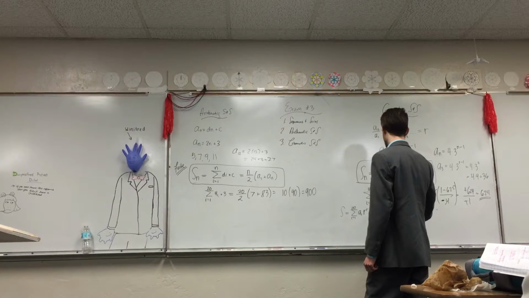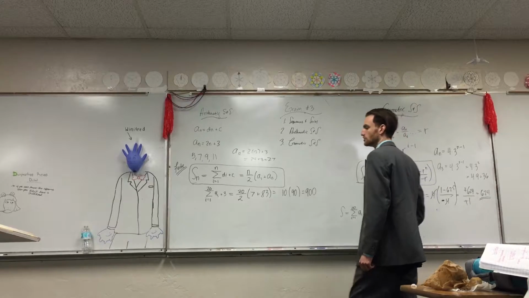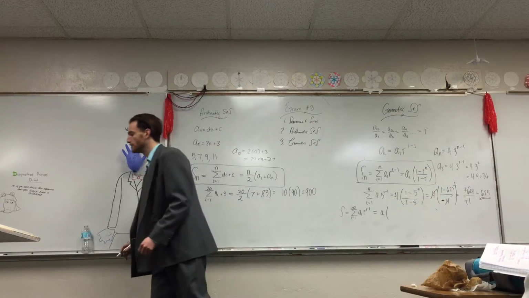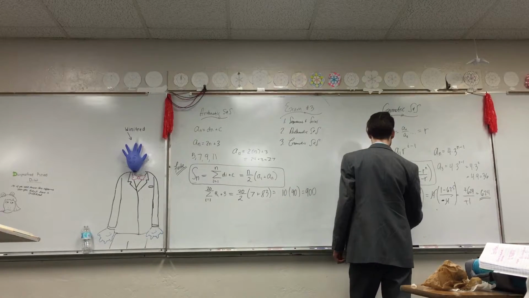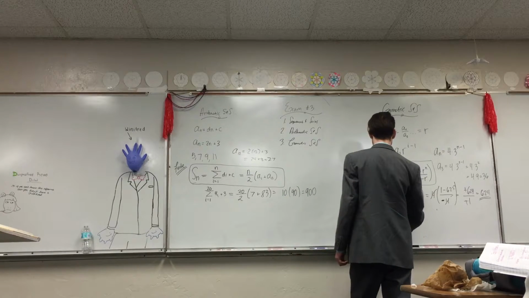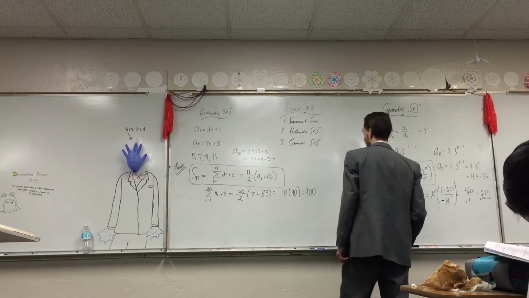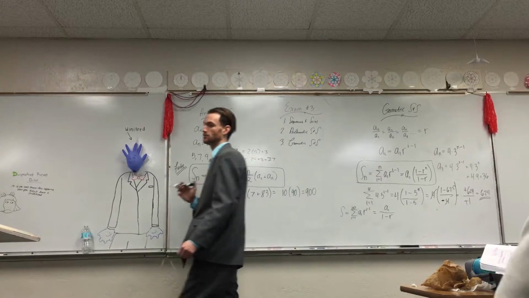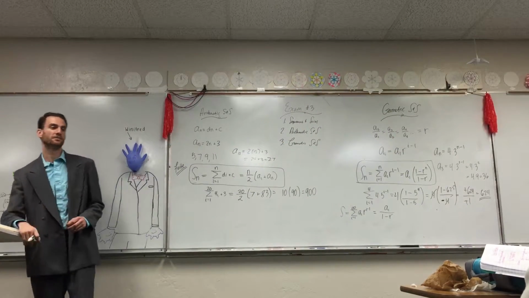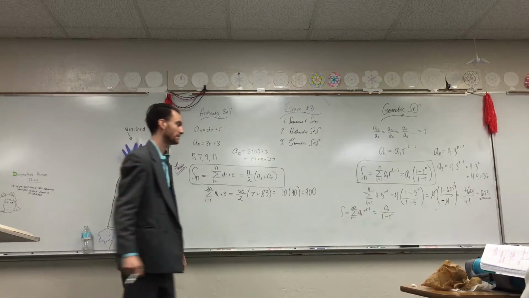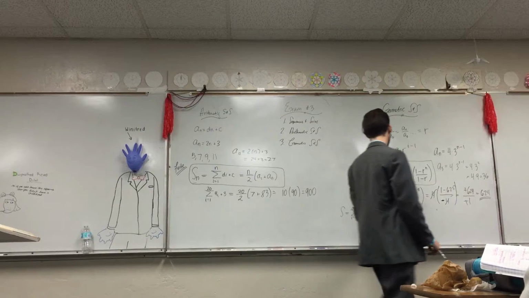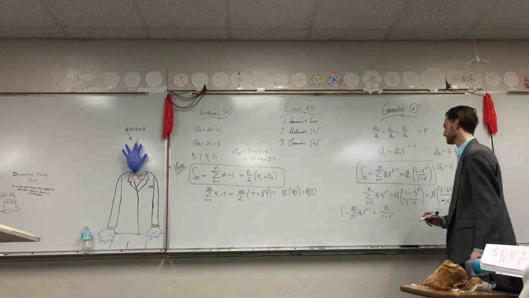This equals a1 over 1 minus r. But when can I do that? What does r have to be? Less than 1. Less than 1, not equal to 1, remember. It has to be less than 1.